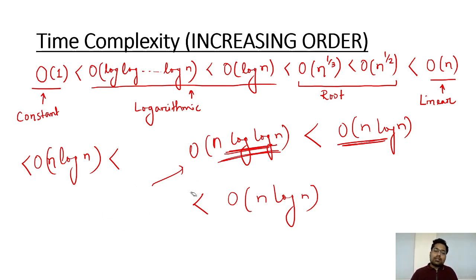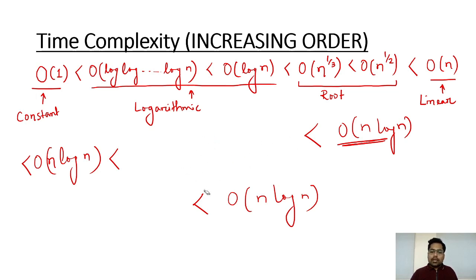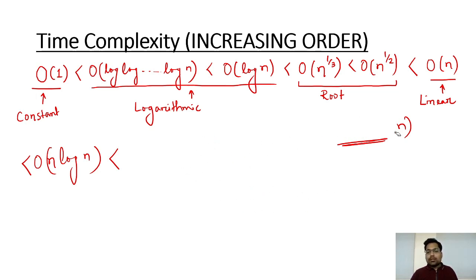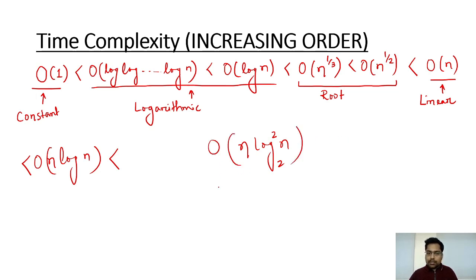These types of questions could arise. So don't worry. If you are not able to find it, simply put the value of n as 2, 3, 4, 5. Since you are using log with base 2, better you work with 8, 4. You can easily find which one is greater. Suppose I'm asking whether n log n or log square n is greater. You can take a value, don't worry. Suppose n is 4.